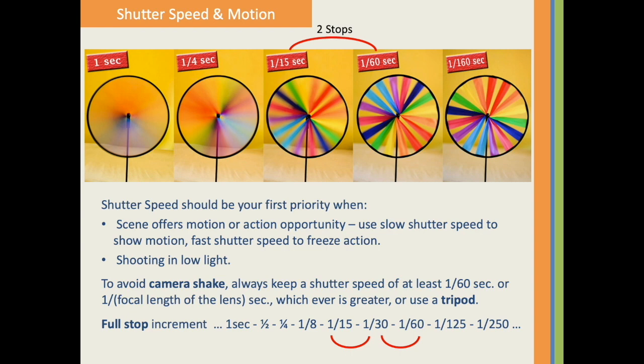Okay, so that's how it happens. And reversely, if I go from 1/60 to 1/30, I double the light. From 1/30 to 1/15, I double the light again. So from 1/60 to 1/15, I quadruple the light that enters the camera. So this is what you have to know about going a stop up or a stop down. You are basically increasing or decreasing the light that is entering your camera.